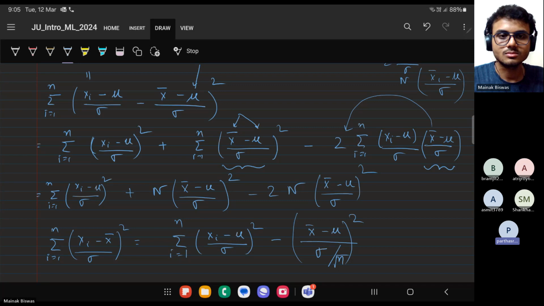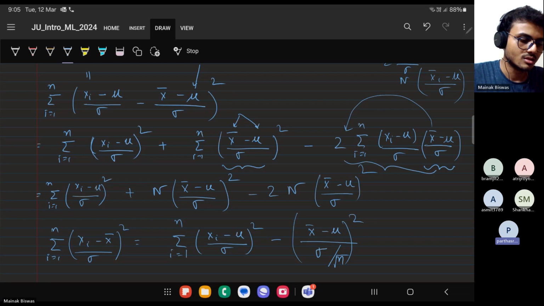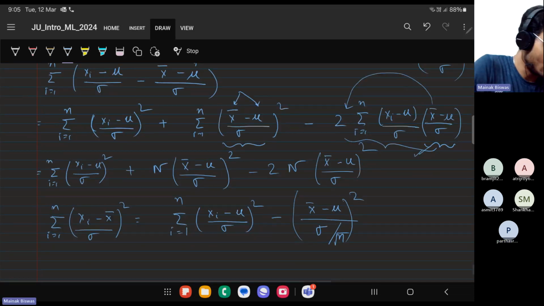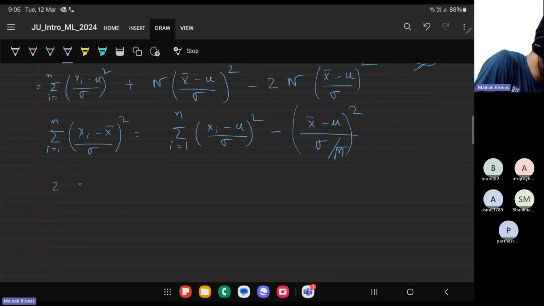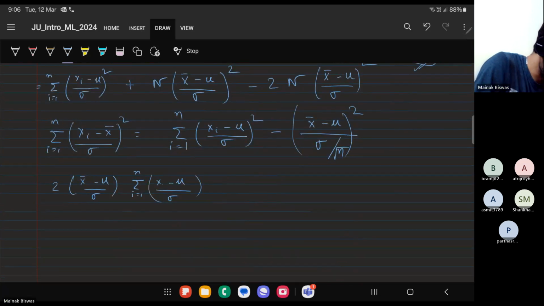See, this term is very simple, no? 2 into (x bar minus mu) by sigma, into summation of i equal to 1 to n of (xi minus mu) by sigma. Right or wrong?